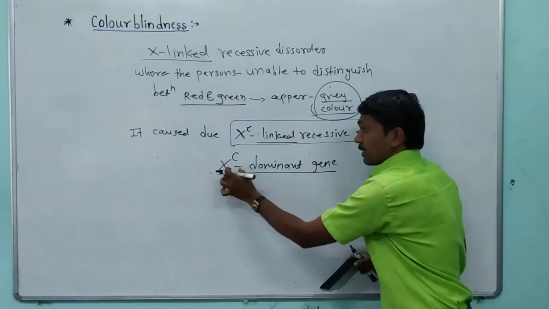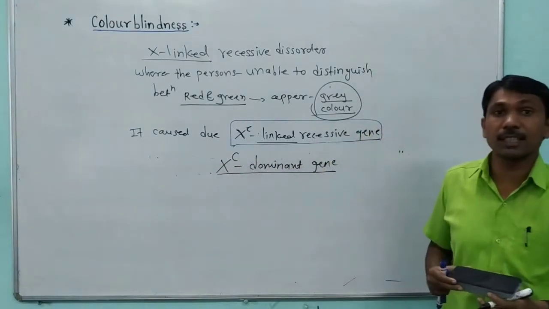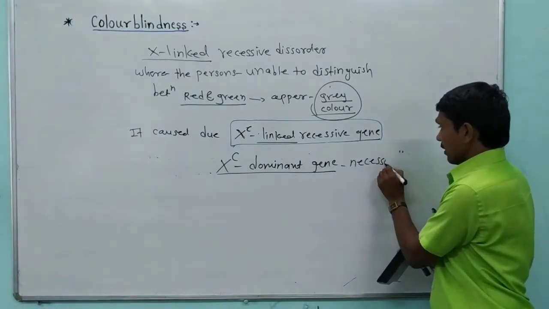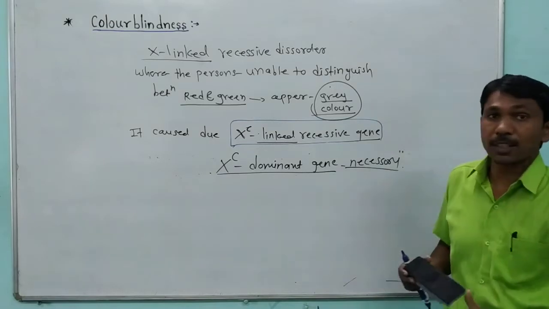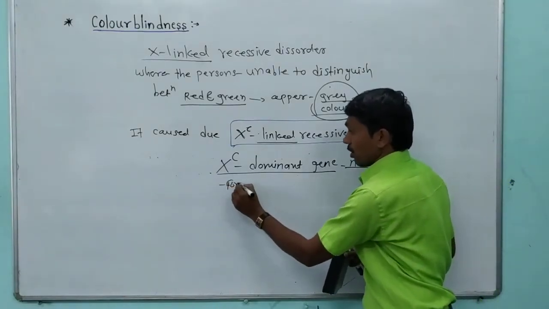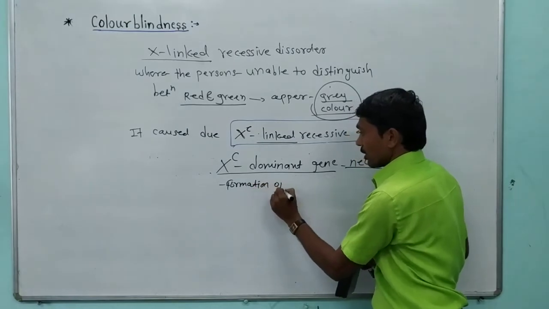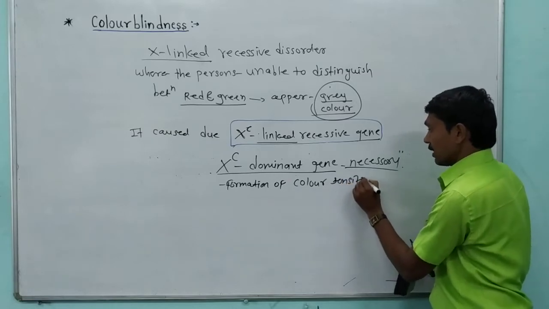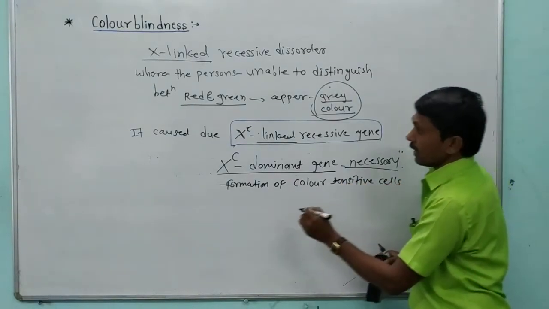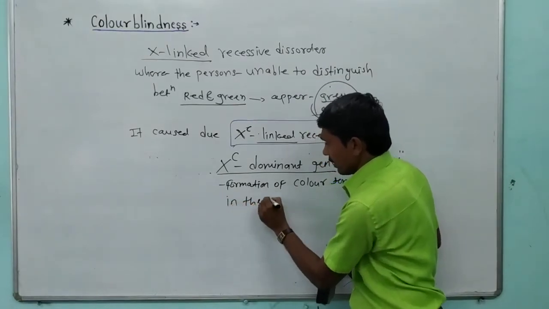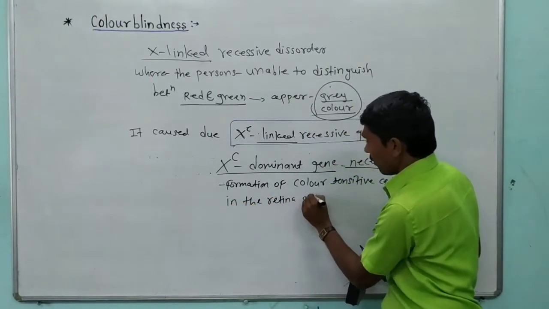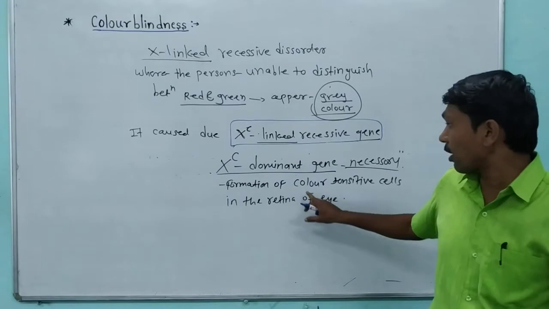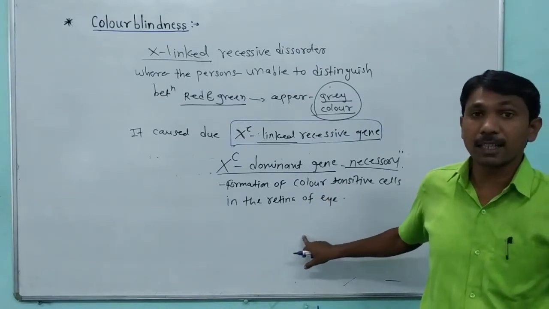Okay, and here the X capital C dominant gene is necessary for the formation of color sensitive cells in the retina of the eye.